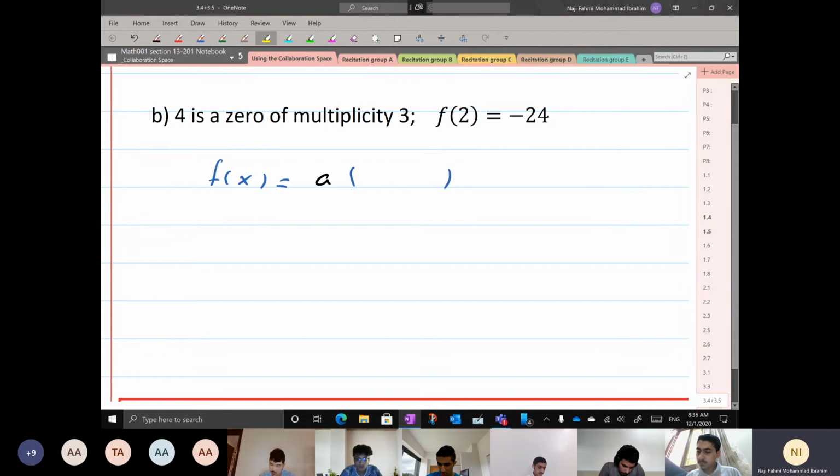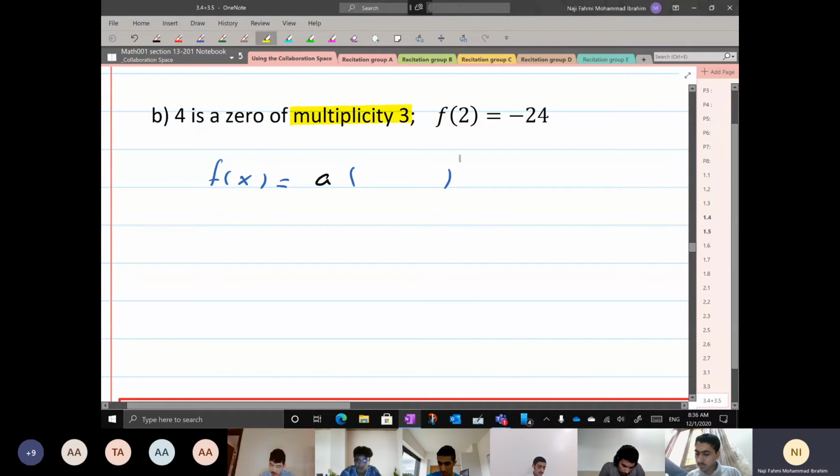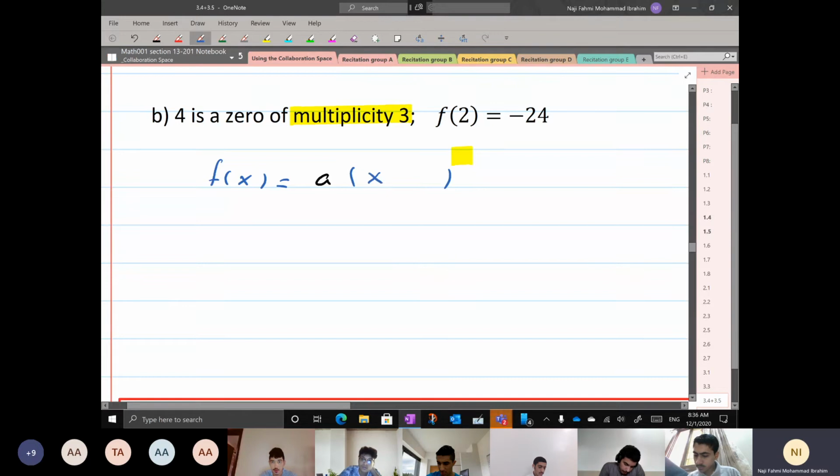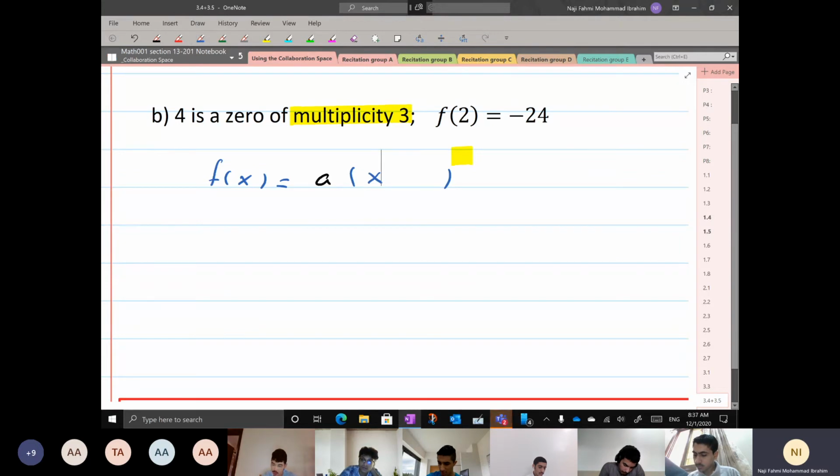Don't forget the multiplicity. We will put it as a power. Excellent, Osama.